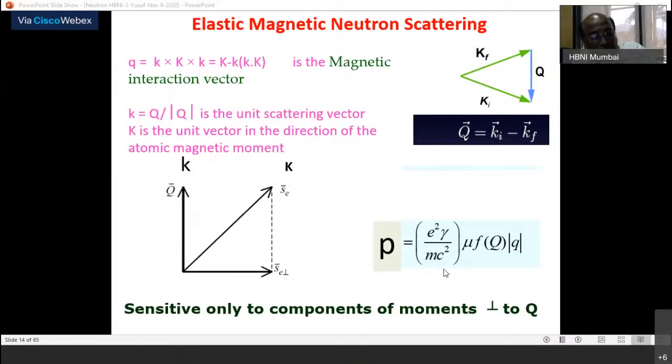As a result, when you are using X-ray on a material, even if the material is magnetic, you essentially do not get any observable scattering due to unpaired moments, due to unpaired electrons, due to the magnetic nature of the sample. What I mean by that: even if you take a ferromagnetic material, iron let us say, and do X-ray diffraction sitting in your lab, iron being a BCC structure, you get the Bragg peaks only due to the atomic positional periodicity of the BCC structure.